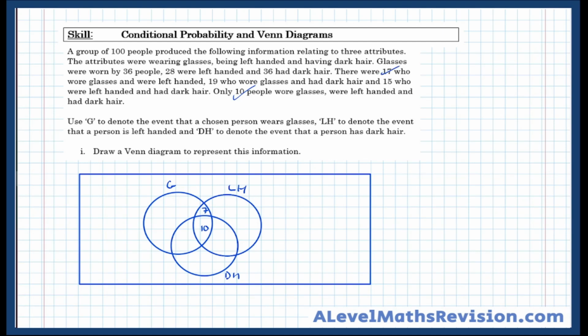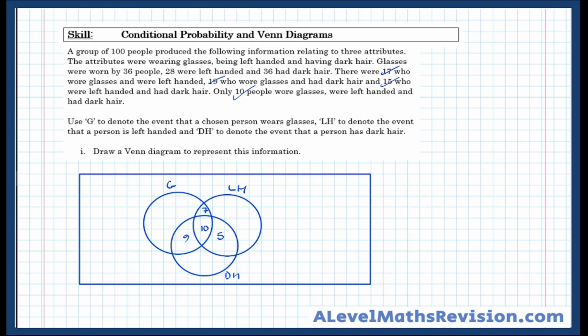So I've used that number there. 19 who wore glasses and had dark hair. So glasses and dark hair overlap is here, so that must be 9. If glasses and dark hair is to add up to 19. And 15 who were left-handed and had dark hair, leaving that one to be 5. So we've used those numbers there.